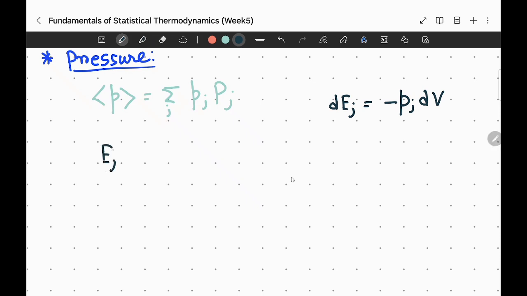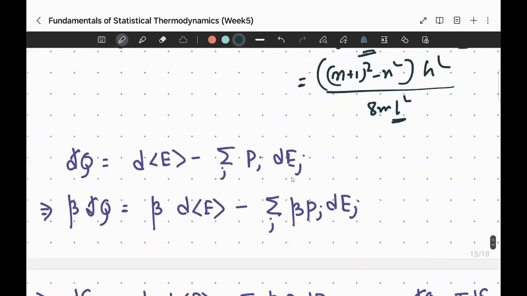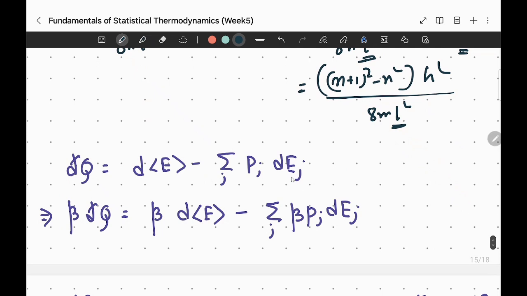We know E_j. Calculating average energy is easier because it was E_j P_j, where E_j was our energy for any jth level. But here you need the pressure for any jth level. How can you calculate the pressure for any jth level? This is not very easy, so you have to understand this physically. When you are doing some work, or you are giving some heat q, it will change the internal energy.